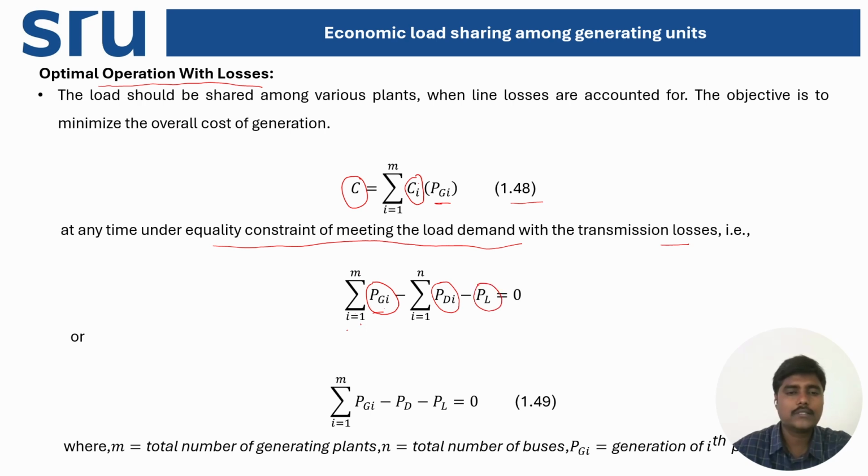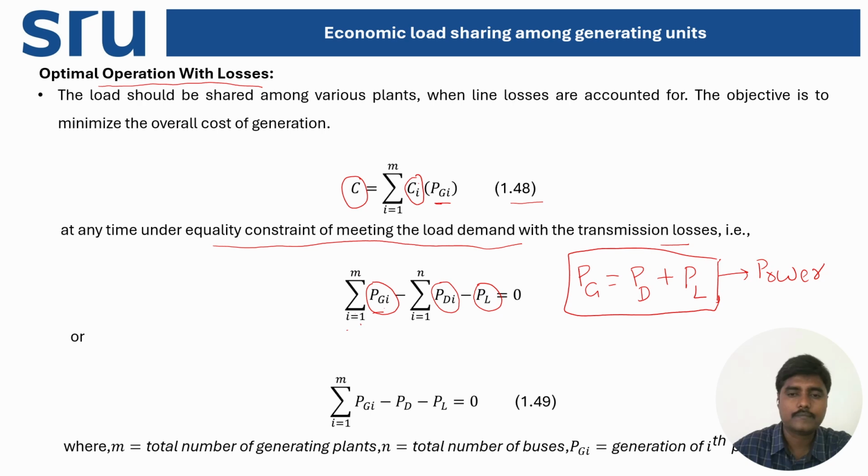In simple words, the total power generation PG should be equal to the total power demand plus the total power transmission losses. As I mentioned many times in previous lectures, this equation is called the power balance equation.